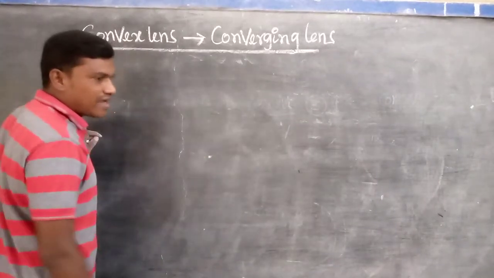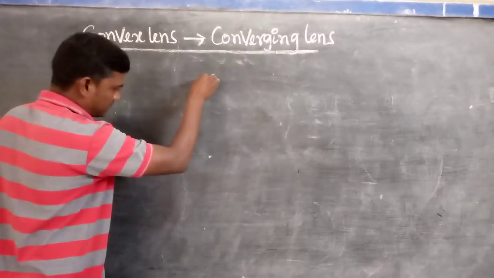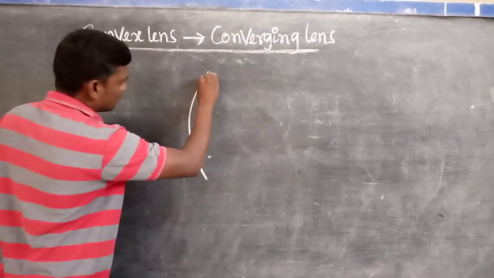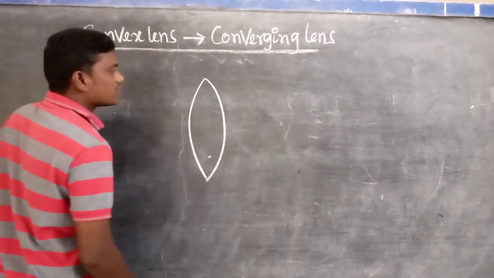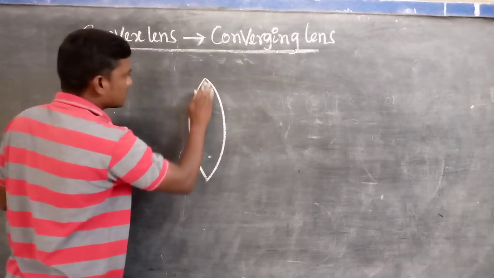First, we can take the equiconvex lens. This is one equiconvex lens.